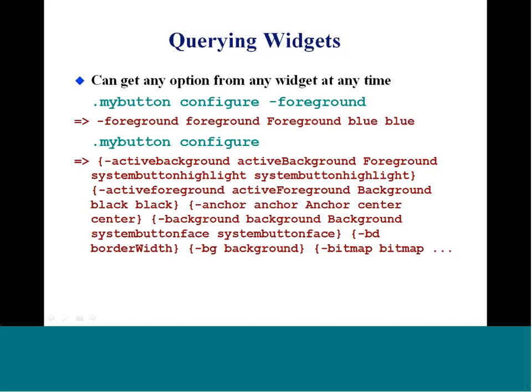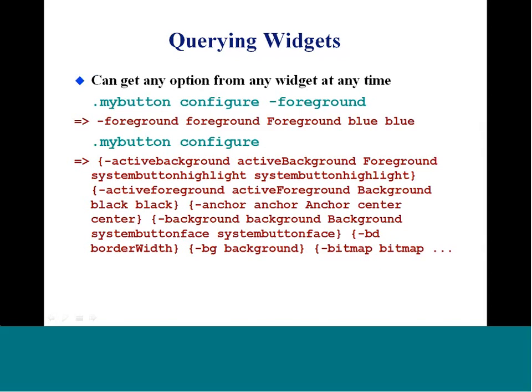The other one is how can I get any option from any widget at any time. When we give the widget name, here this is .myButton and configure -foreground, then it gives you the foreground, foreground blue.